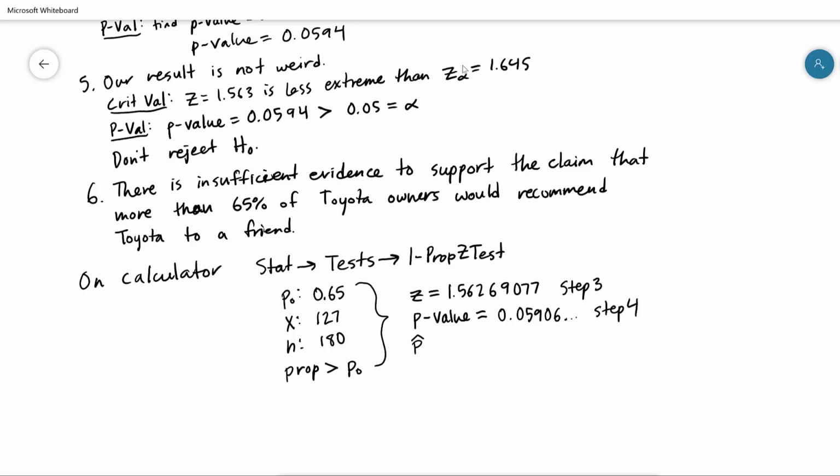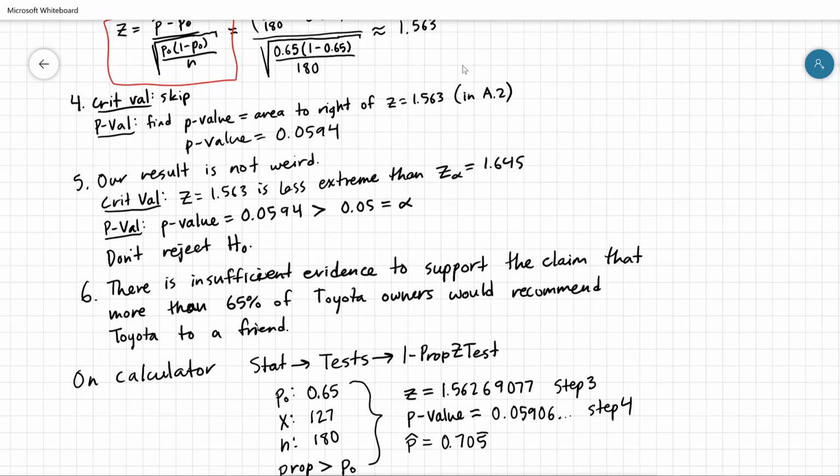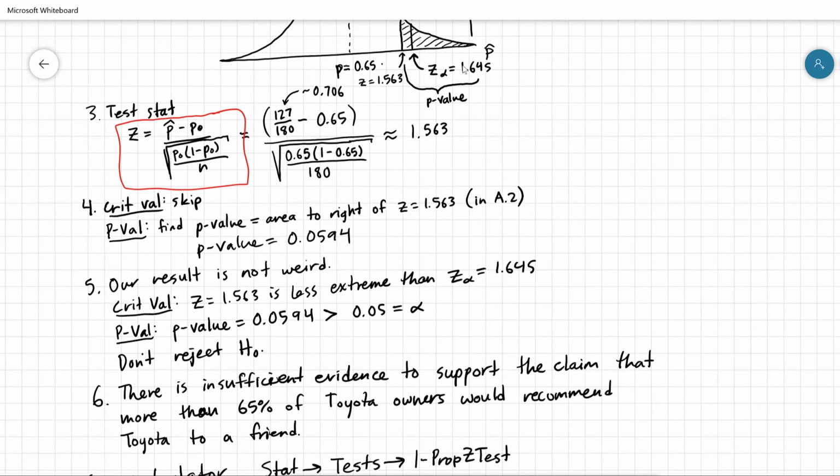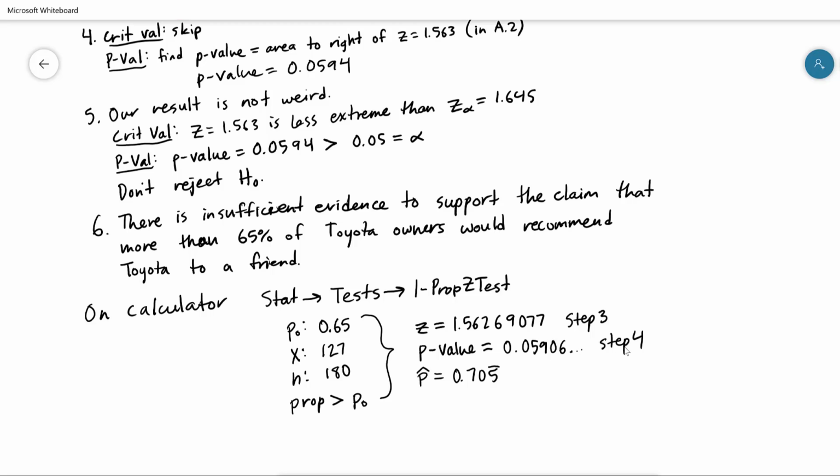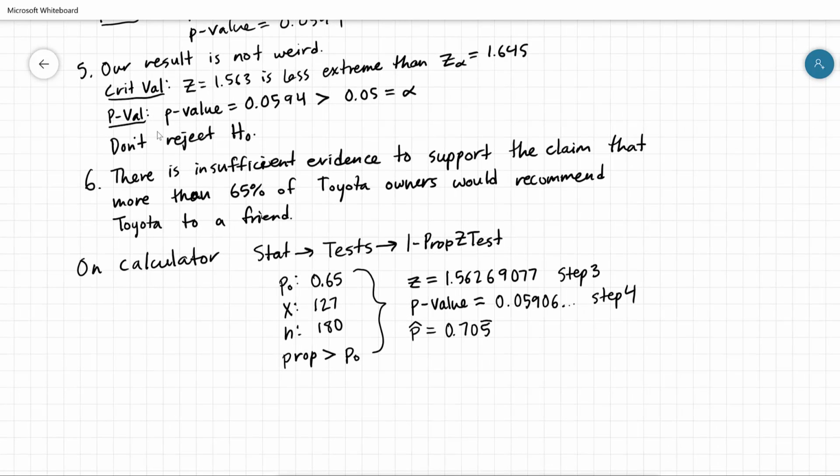It gives us p hat of 0.705 repeating. So it gives us the numbers that we had to compute by hand up here. So do it on the calculator. It'll give you, again, steps 3 and 4, which tend to be the two most time-consuming and difficult steps of the entire procedure. We still need to interpret these results using steps 5 and 6 to see what that actually means. So keep all of that in mind, and good luck on these things.